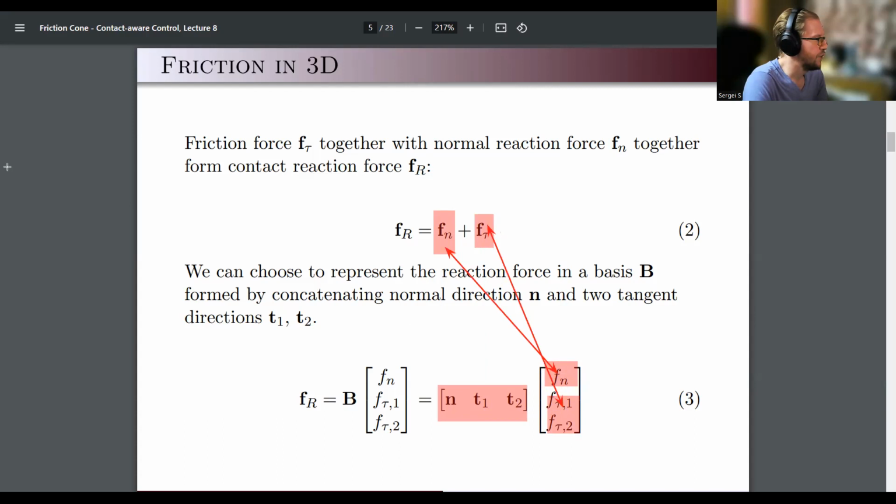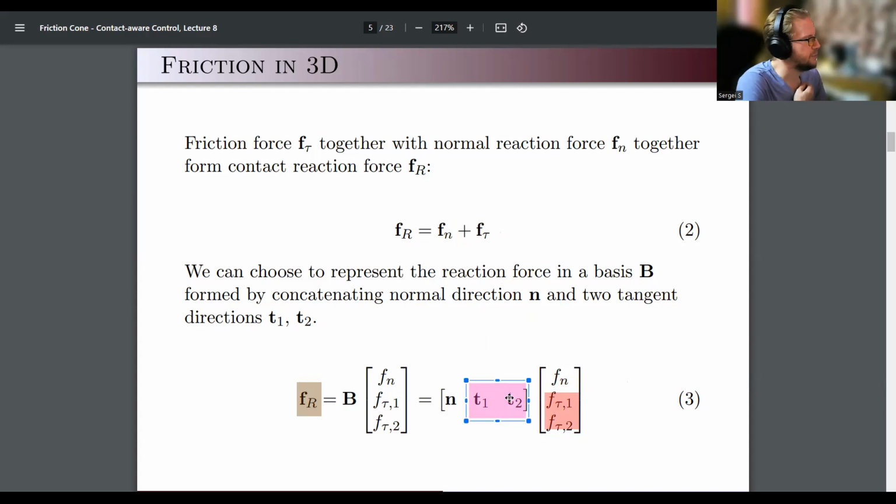So we have options here, and if you want to compute the norm of this pair, we can multiply this vector by this part of the basis. What we will get is Fn, F tau 1, F tau 2.